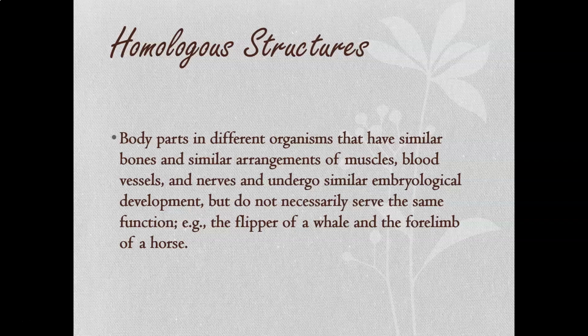So the example I have here is a flipper in a whale and the forelimb of a horse. Both have similar muscle, bone, and blood vessel connections, nerve connections. They develop similarly in the embryos of those species, but clearly they don't perform the same function. Flipper in a whale, they're using it to swim, where the forelimb in a horse is using it to walk around.